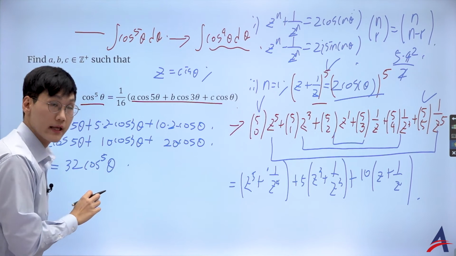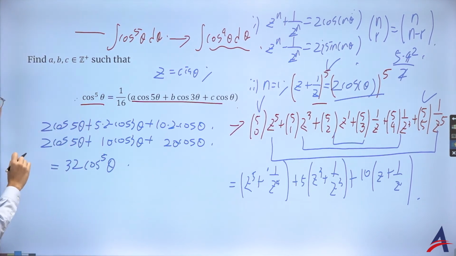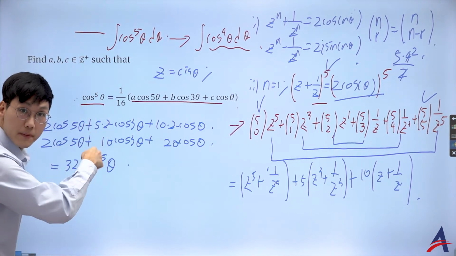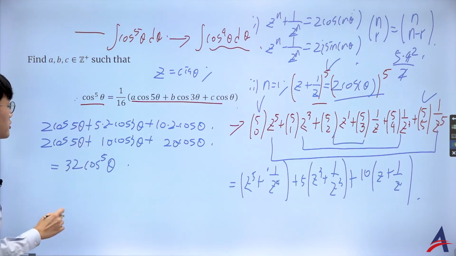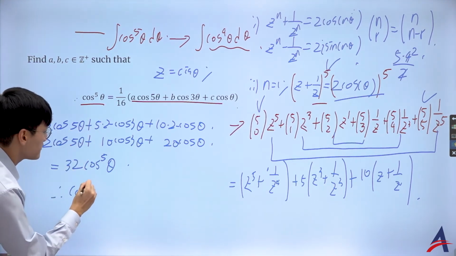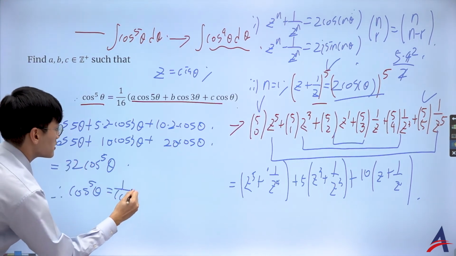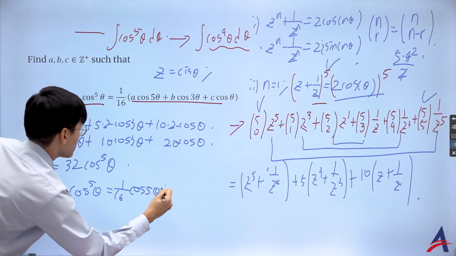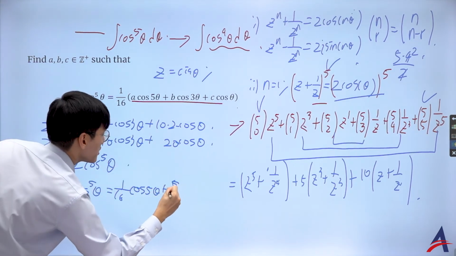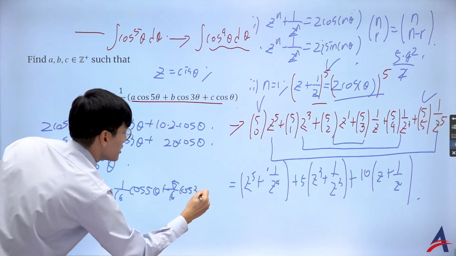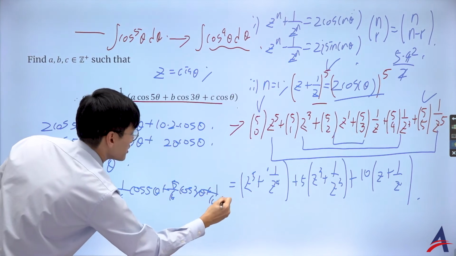So that is great. And I wanted to just let the coefficient be 1. So what I'm going to do is divide both sides by 32. I have therefore cosine to the power of 5 theta is equal to, if I rearrange, 1 over 16 cosine 5 theta plus 5 over 16 cosine 3 theta plus 10 over 16 cosine theta.